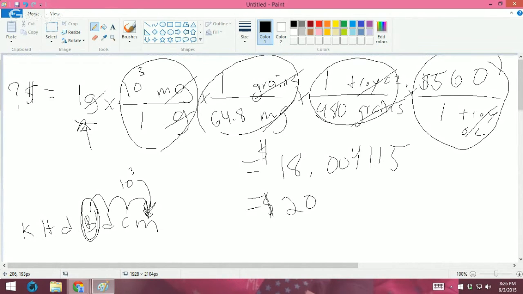I would go with sig figs, and that's what I would do tomorrow on the test. Look at your front number. This one has 1 sig fig, so my answer would be 20. $20 per gram could be one way to write it. Okay.